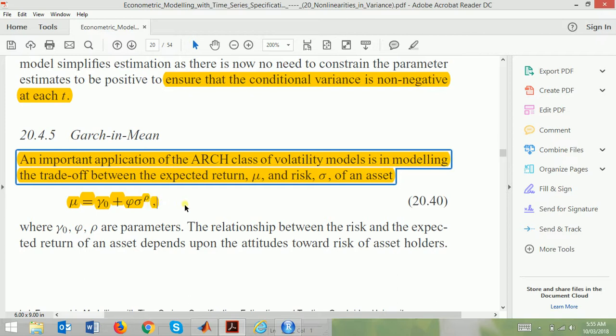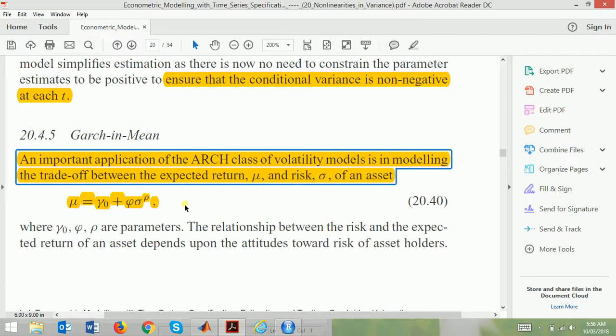So what I'm trying to say is that I'm trying to model a trade-off between mu, which is the return, and the risk, which is sigma.